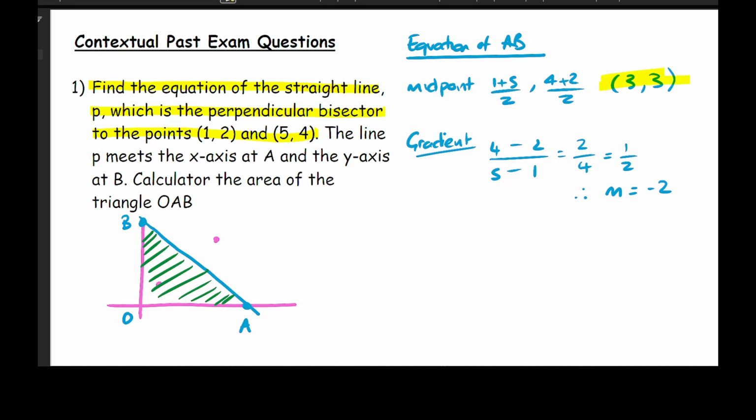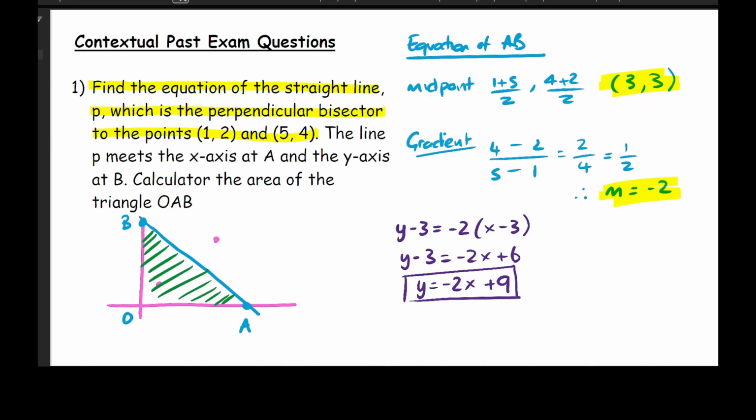So then using this coordinate and this gradient, we can then work out the line AB. So it's going to be y minus 3 equals -2(x minus 3), and neatening all this up, we get y minus 3 equals -2x plus 6, in which we get y equals -2x plus 9.